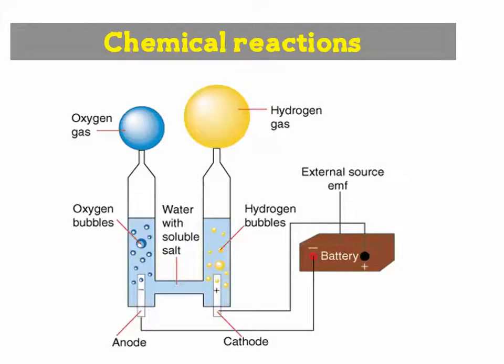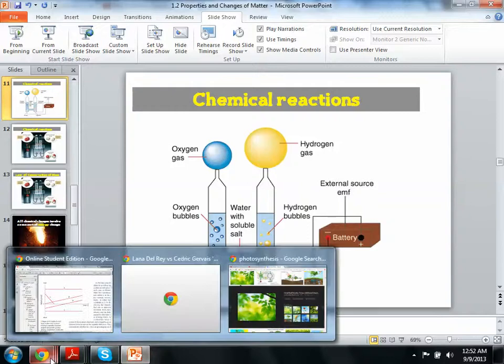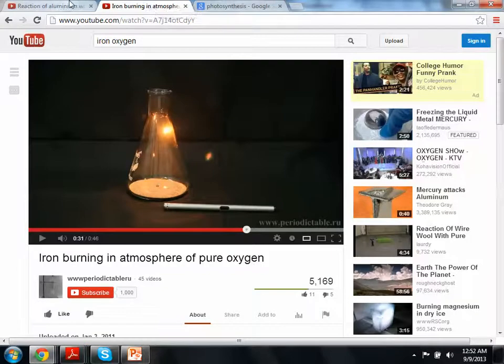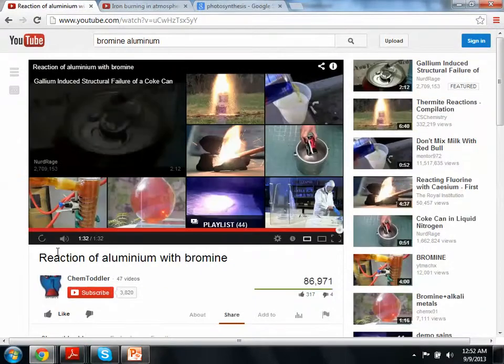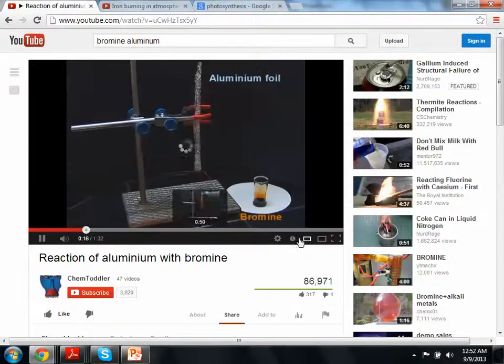Another example of a chemical reaction. Let's actually look at a couple of those. Here we have the reaction of aluminum with bromine.